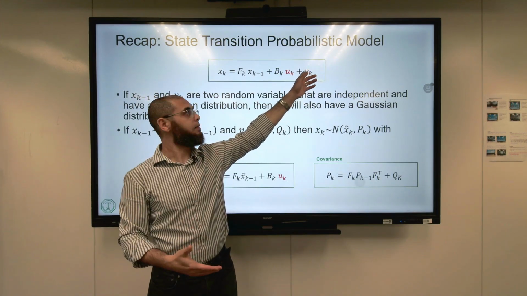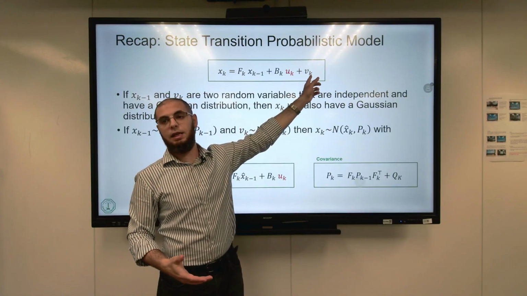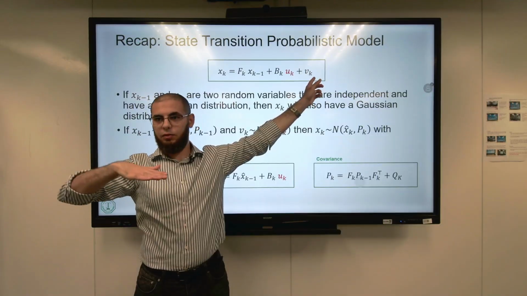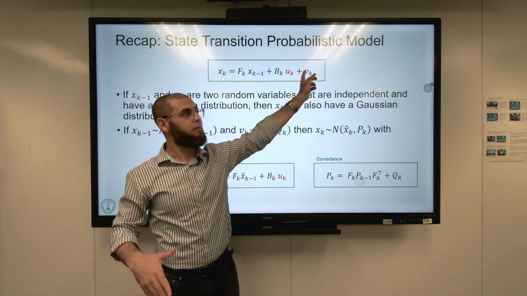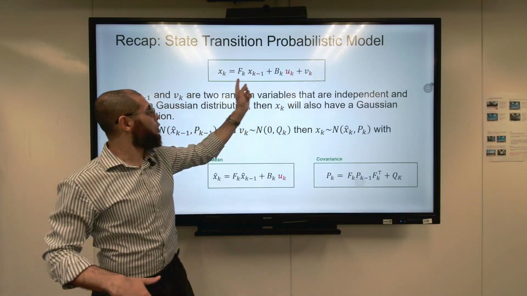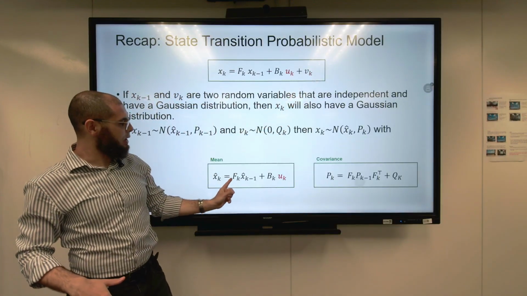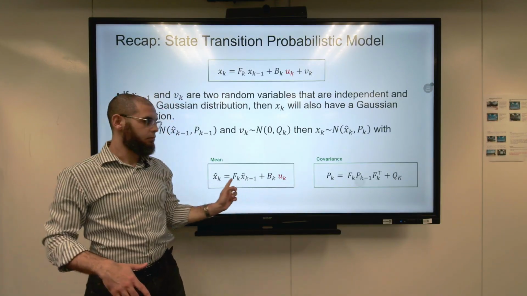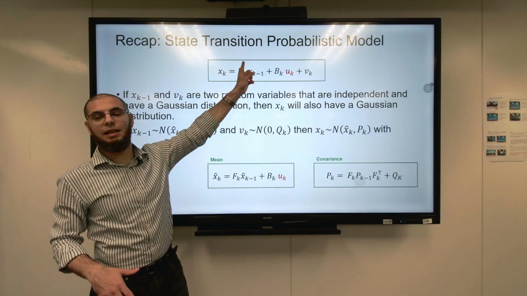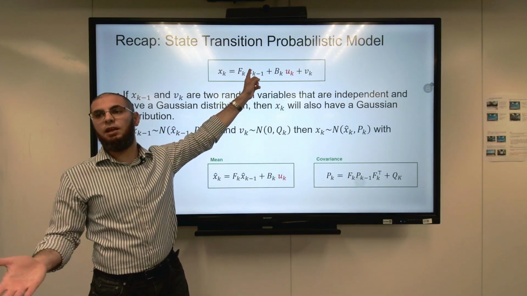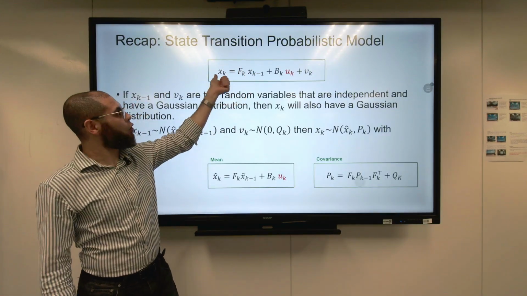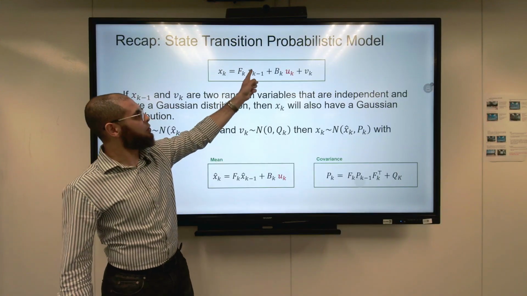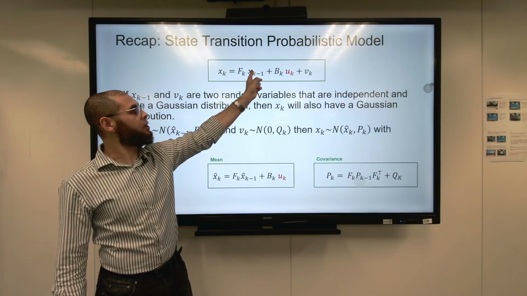We said that the noise always has a 0 mean, because it's just some noise in addition to the variable. So xk hat is equal to fk xk minus 1 hat plus bk uk. That makes sense? This is exactly the same equation; we just took the mean of the variables. And now the covariance of this is equal to something related to the covariance of xk minus 1.